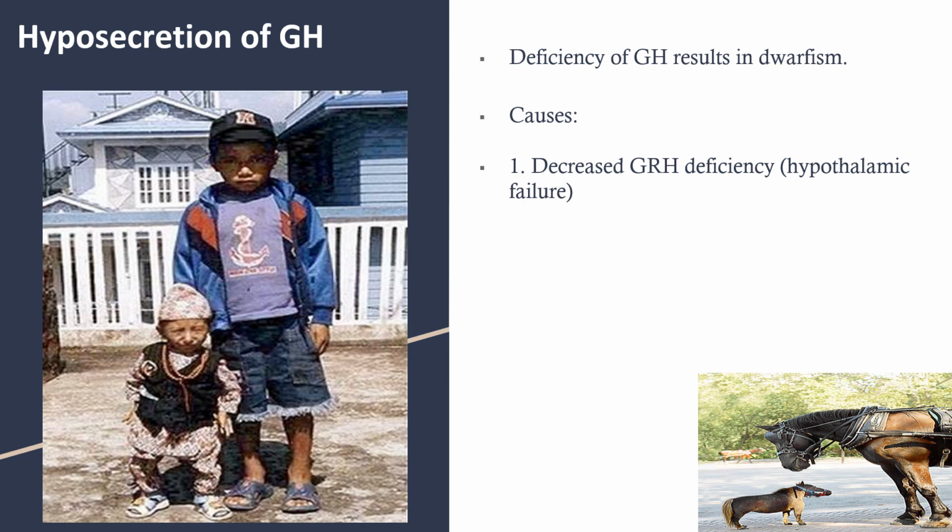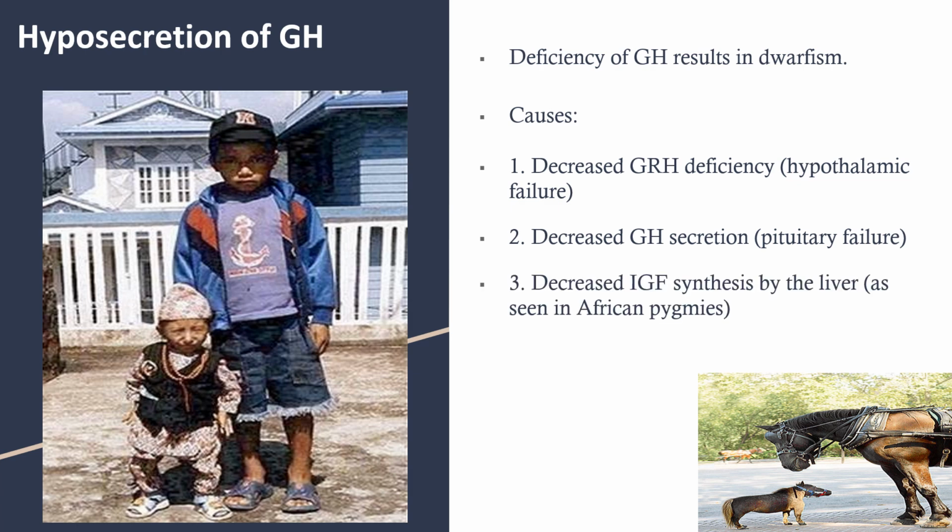So first is due to growth hormone deficiency, hypothalamic failure, growth hormone secretion is decreased, that is the pituitary failure, decreased insulin-like growth factor synthesis by the liver as seen in the African pygmies, and decreased or unresponsive growth hormone receptors. So that they are called as the Laron dwarfism. So when the growth hormone receptors are unresponsive, all these things can cause dwarfism.